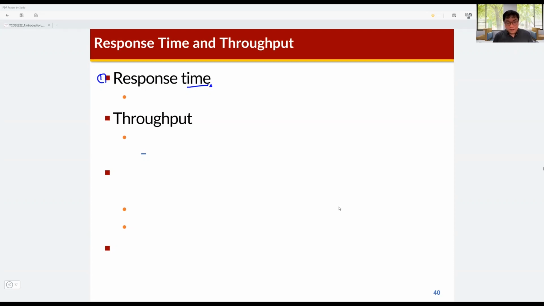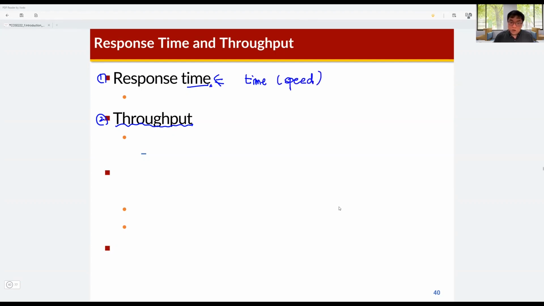Okay. And then we can also consider a different performance metric called throughput. The throughput is somewhat different from the time. For response time, we focus on the time, that means the speed.